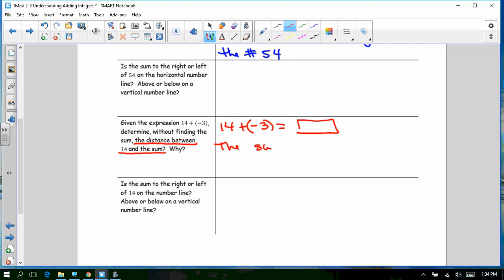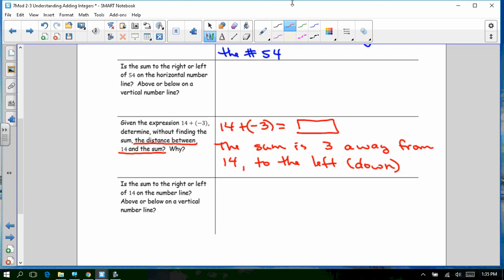The sum is 3 away from 14. Okay. Which direction? Left or right? To the left. Or you could say down if we were working on a vertical number line, especially if we were talking about temperatures, right?